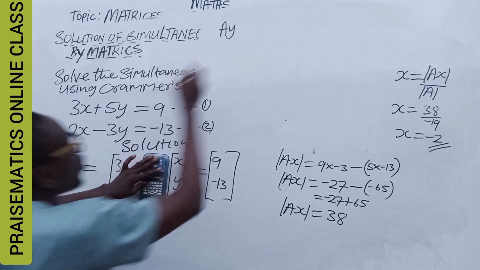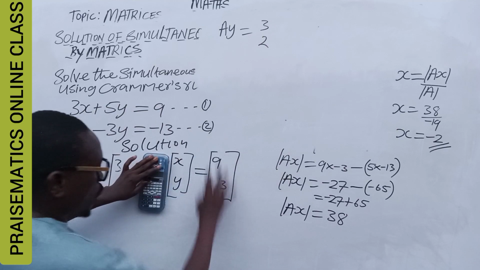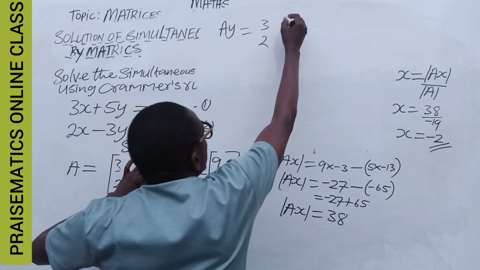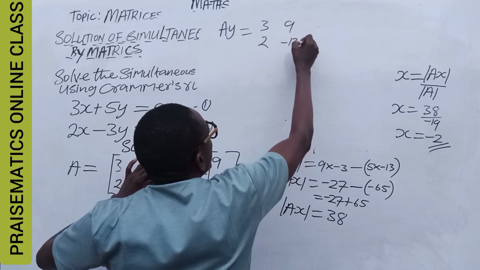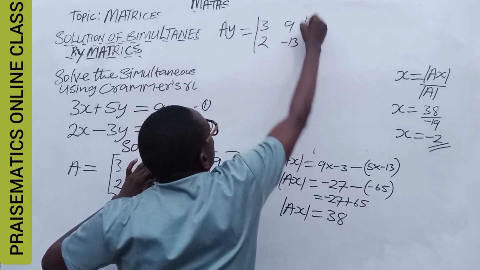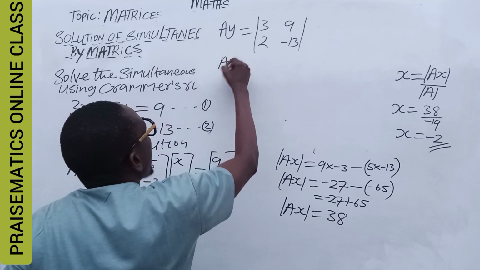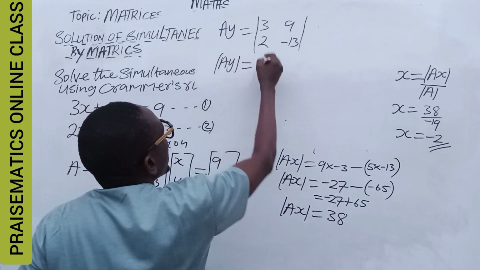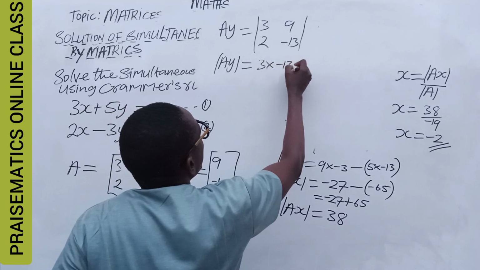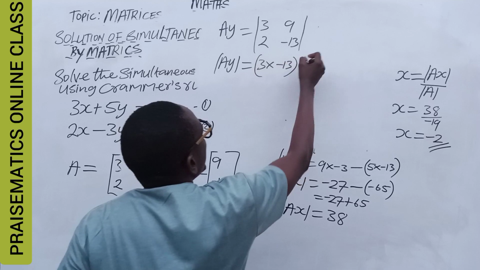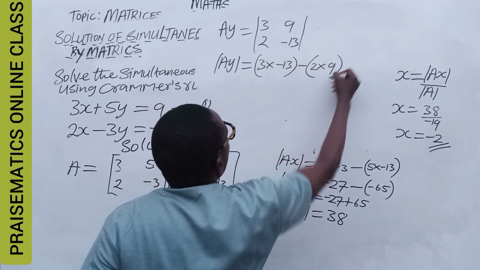We have 3, 2. You pick this equal sign column, which is now 9 and -13, and replace it. So we have it like this. So what are we looking for? We find the AY determinant. Our AY determinant will be 3 times -13 minus, in brackets, 2 times 9.